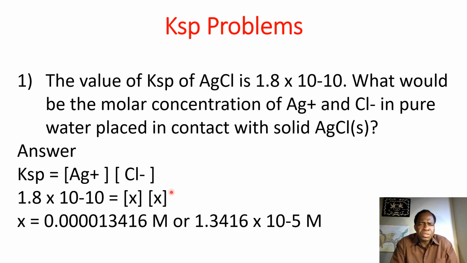So 1.8 times 10 to the power minus 10 equals x times x, so x squared. So x should be the square root of 1.8 times 10 to the power minus 10, which is 0.0000134416 molar. So the scientific notation is 1.34 times 10 to the power minus 5. Okay, let's move to the next slide.